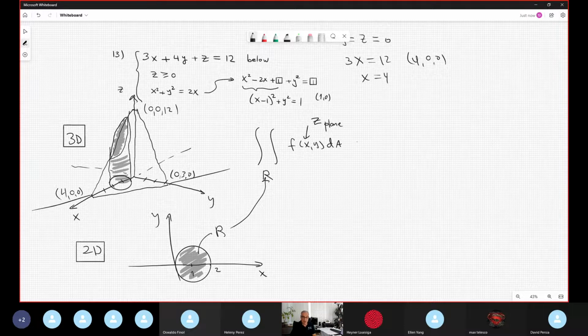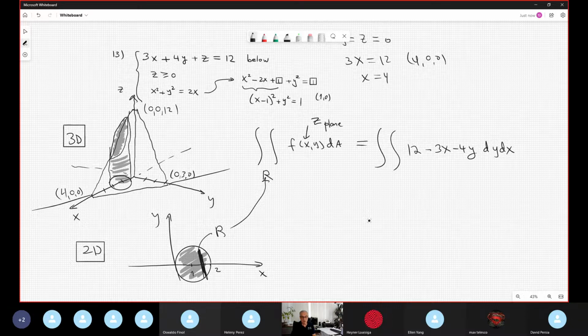Okay, then in polar, double integral, this f of x, y is the z value of the plane. So you solve it. It's 12 minus 3x minus 4y, dy dx. Now you integrate in this direction. But this is the complication, no?